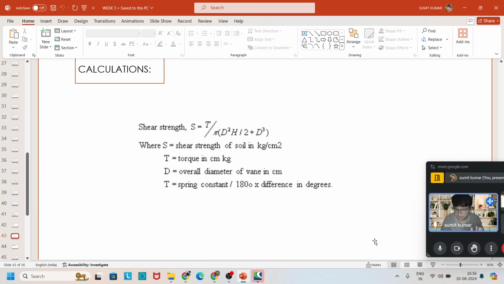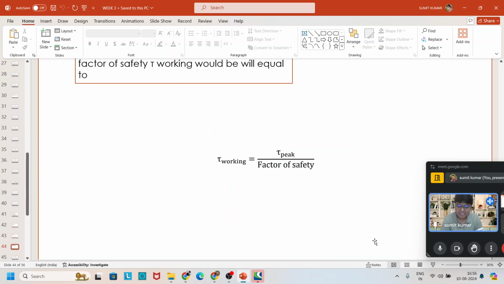So with the help of this interrelation, we are able to find the shear strength of the soil, and in the same way we are able to find the factor of safety, as the working value is the peak value divided by the factor of safety.